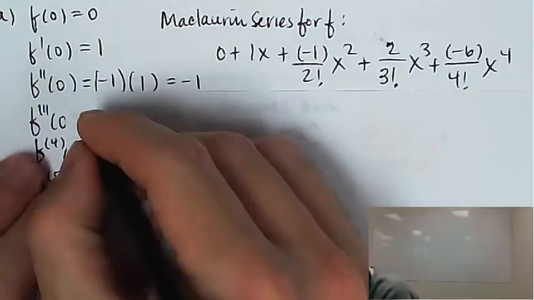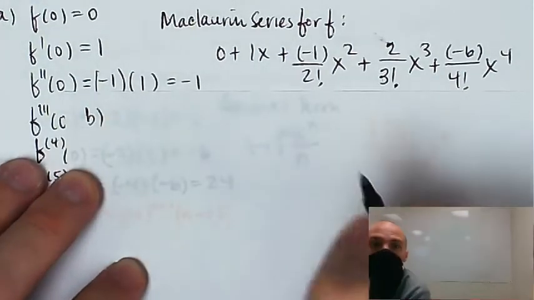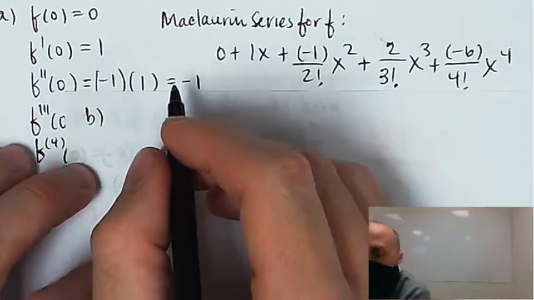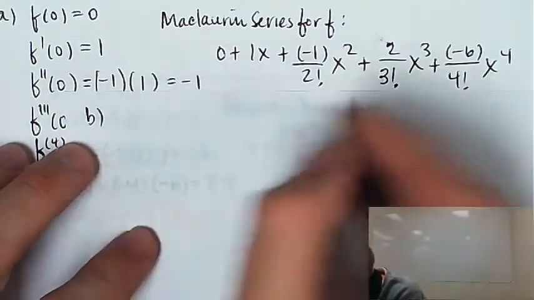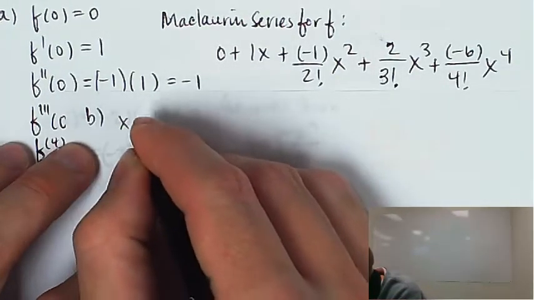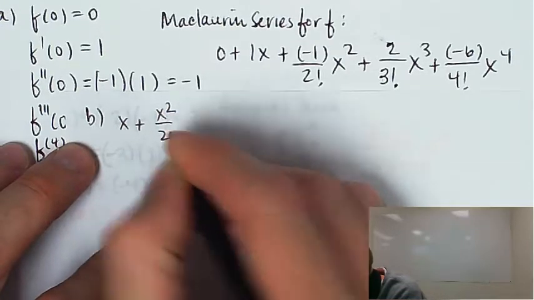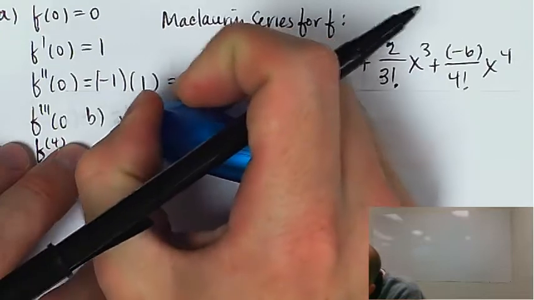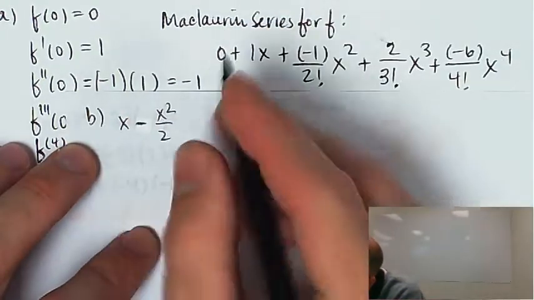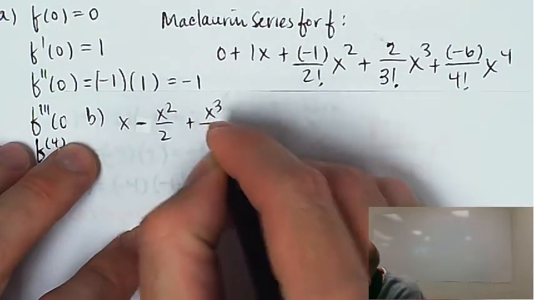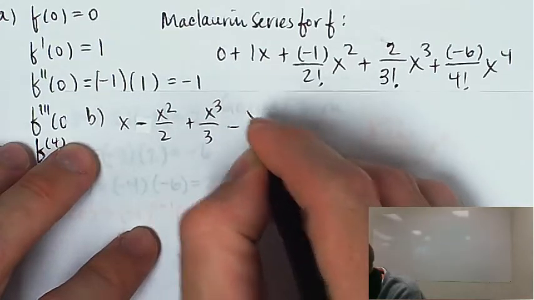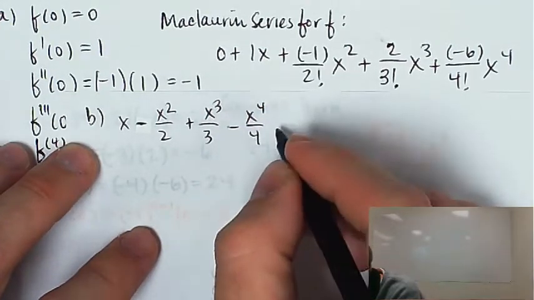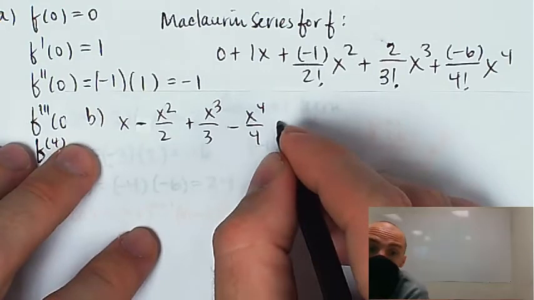So for part B, I'm going to say that the Maclaurin series for f, I'm going to copy this. It's x plus x squared over 2. Wait, no, that was supposed to be a minus. Plus x to the 3 over 3 minus x to the 4 over 4, and plus so on.